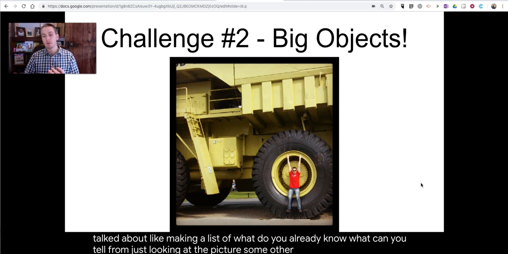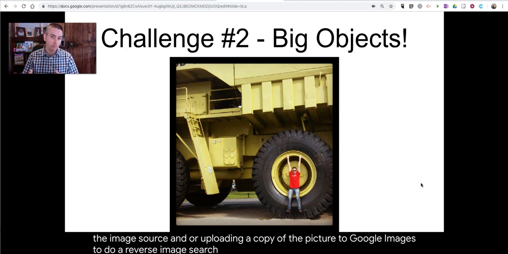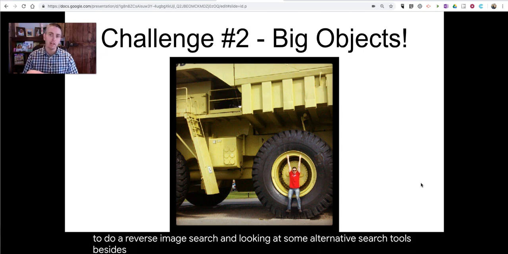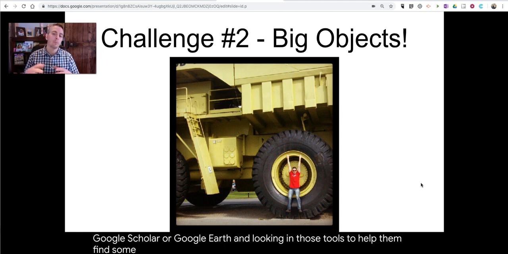Some other strategies are looking at the image source and or uploading a copy of the picture to Google Images to do a reverse image search, and looking at some alternative search tools besides just Google.com, maybe looking at things like Google Maps or Google Scholar or Google Earth, and looking in those tools to help them find some clues to put together the answer to their questions.